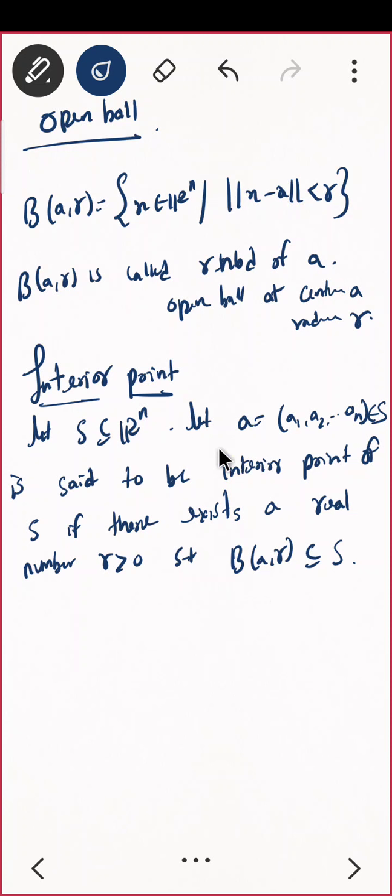That means we will call the point E an interior point only if I can find an open ball around it which is completely inside S.